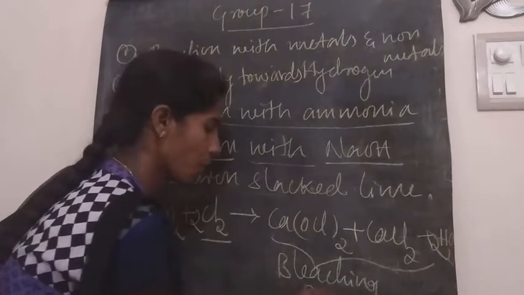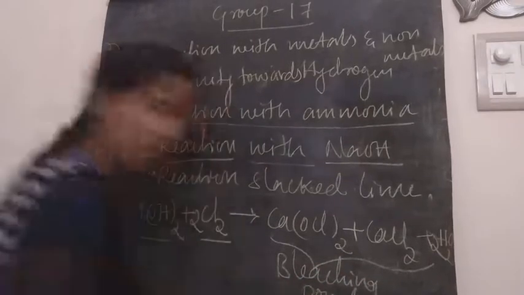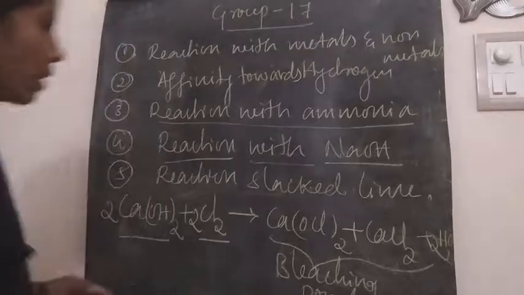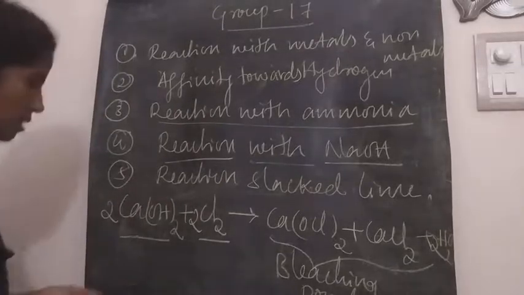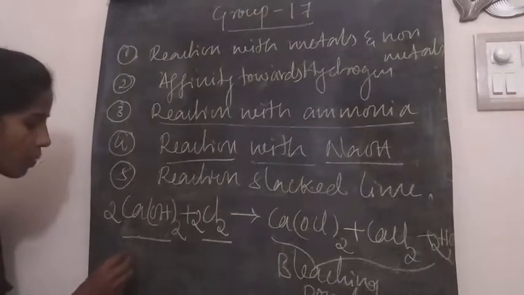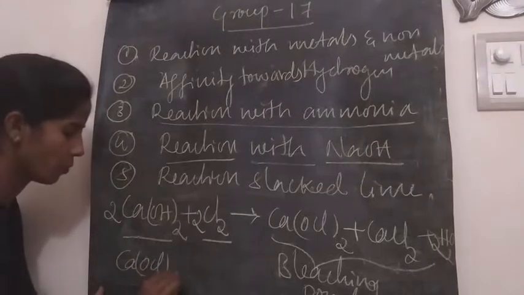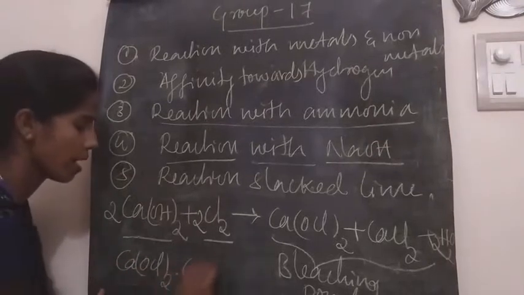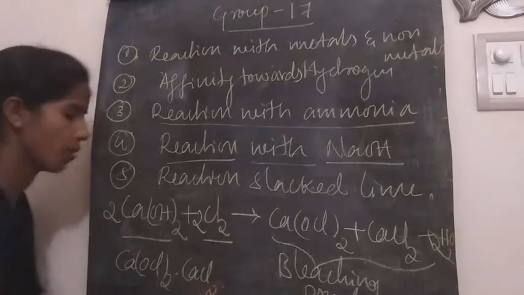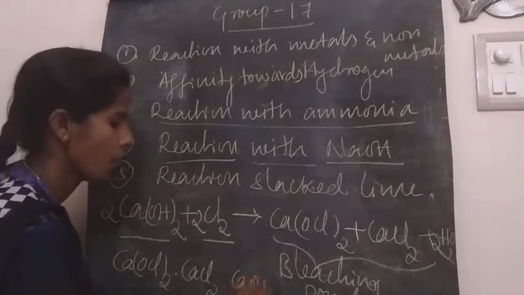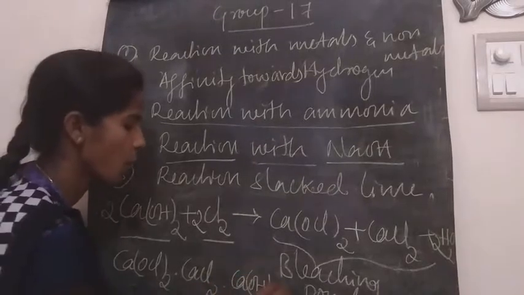Bleaching powder. What is the composition of bleaching powder? This is the composition of bleaching powder: CaOCl2·CaCl2·Ca(OH)2·2H2O.